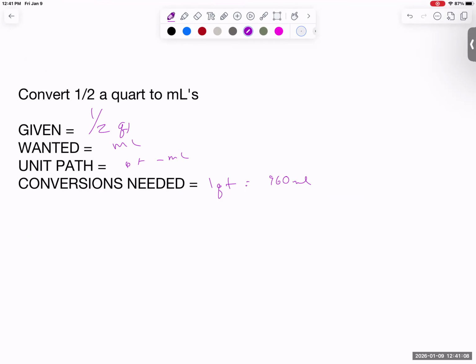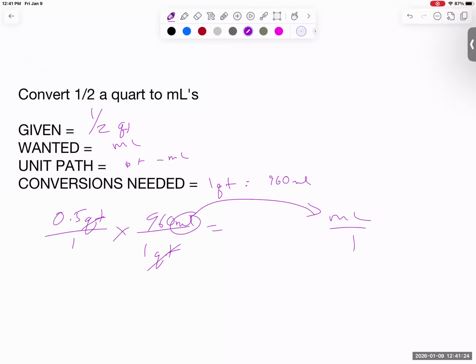How do I write half in decimal? 0.5. 0.5 quarts over 1. 1 quart is 960 milliliters. I'm solving for milliliters, and it's about crossing off my unwanted units, only having my wanted. And then it's just math. So 0.5 times 960 will give me 480 milliliters.